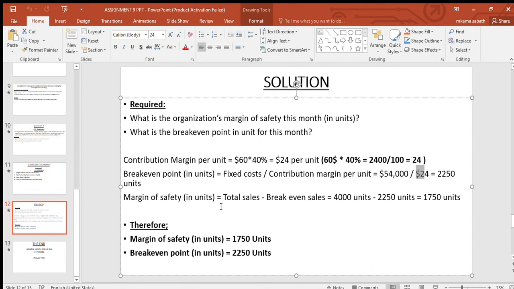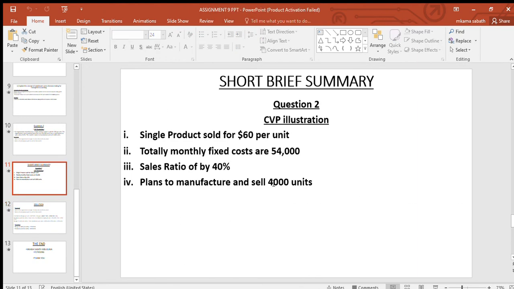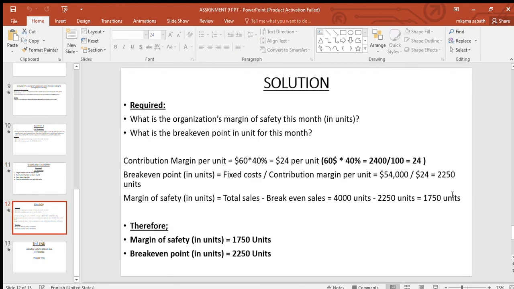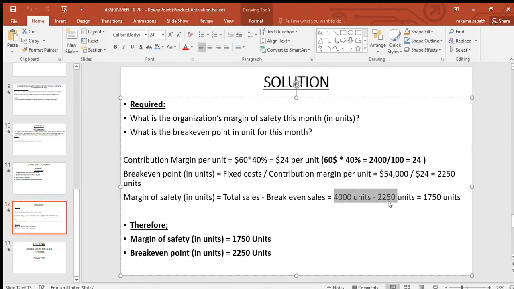The margin of safety is total sales minus the break-even sales, whereby you take the 4,000 units to be produced minus the amount you got here from the break-even point. You subtract it to get 1,750 units. So therefore, the margin of safety is 1,750 units, and the break-even point is 2,250 units.